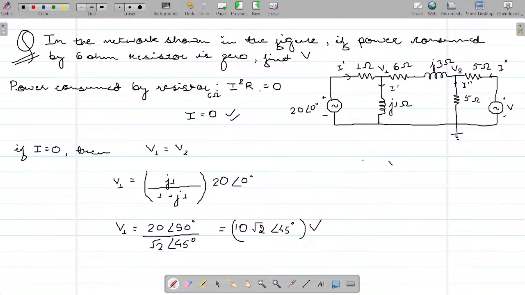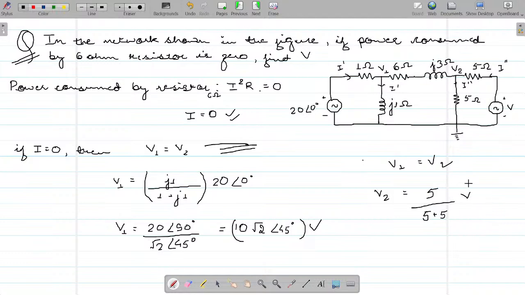But V1 is equal to V2. This we have derived here, right? Now what would be V2? This I double dash is flowing, and this is 5 ohms, this is 5 ohms. Can I say V2 is equal to, again by voltage division principle, 5 upon 5 plus 5 times V, which we have to find out.